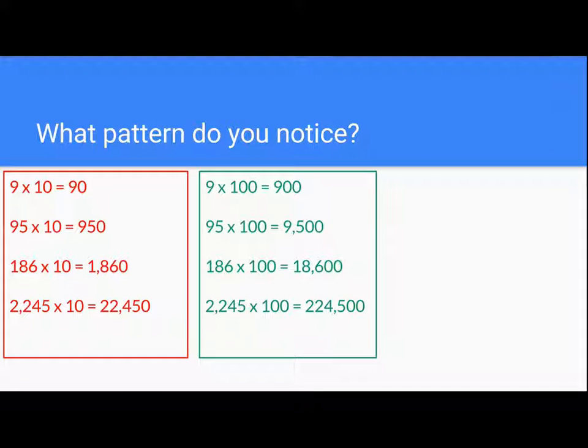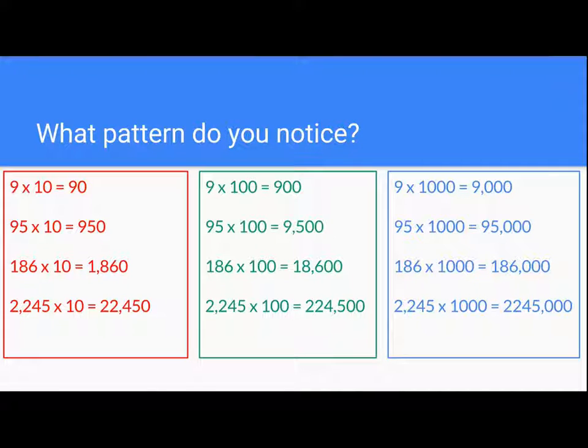What if I show you these equations? 9 times 100 is 900, 95 times 100 is 9,500, 186 times 100 is 18,600, and 2,245 times 100 is 224,500. Are you noticing a pattern?